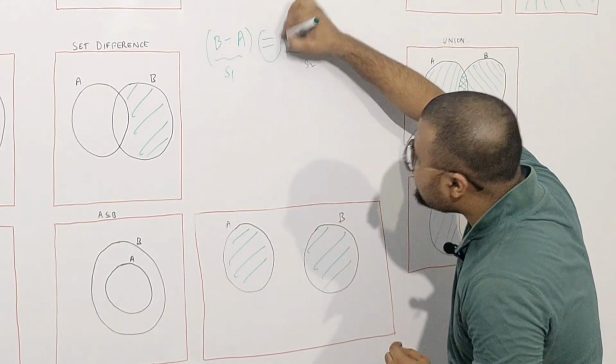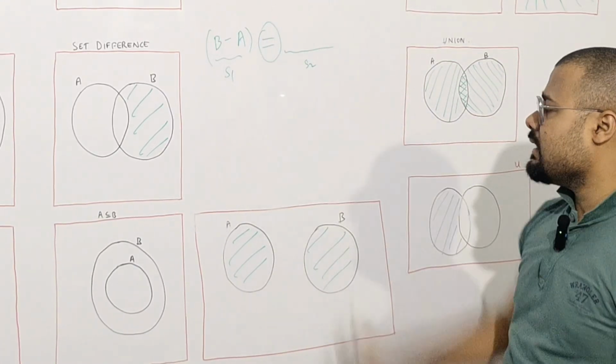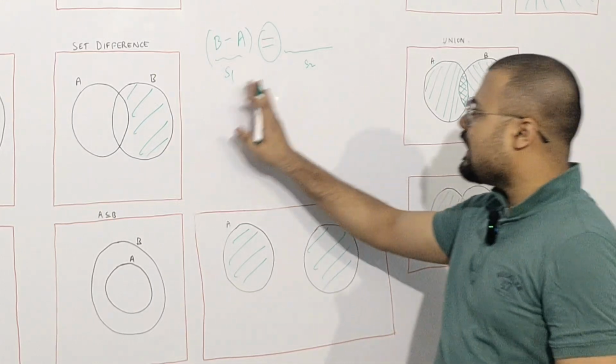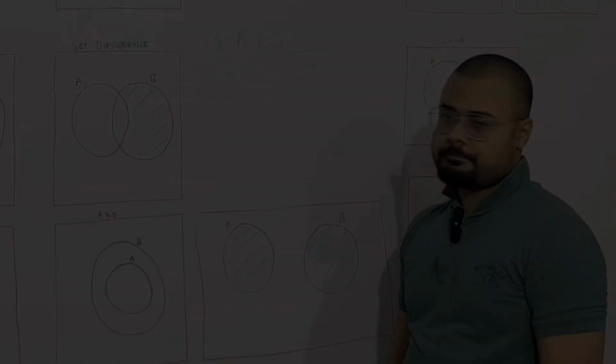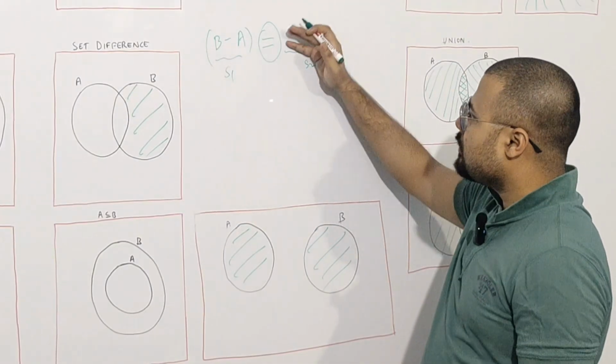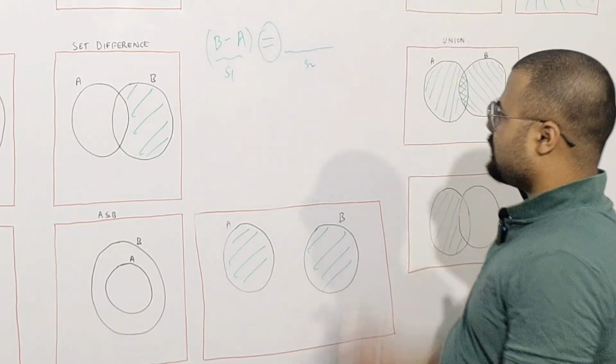And if there is an equal sign in it, then it means that the elements in S1 and elements in S2 are the same. Okay, you can equate B minus A with respect to other set operations.